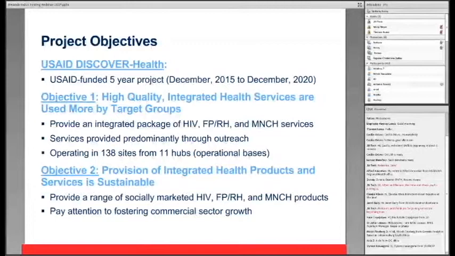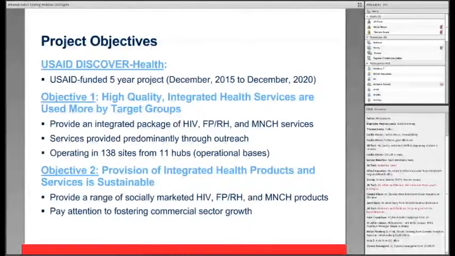Going further on this particular objective, we also provide predominantly services in outreach, through outreach facilities that spring from 11 hubs across the country. Altogether, we have about 138 sites.